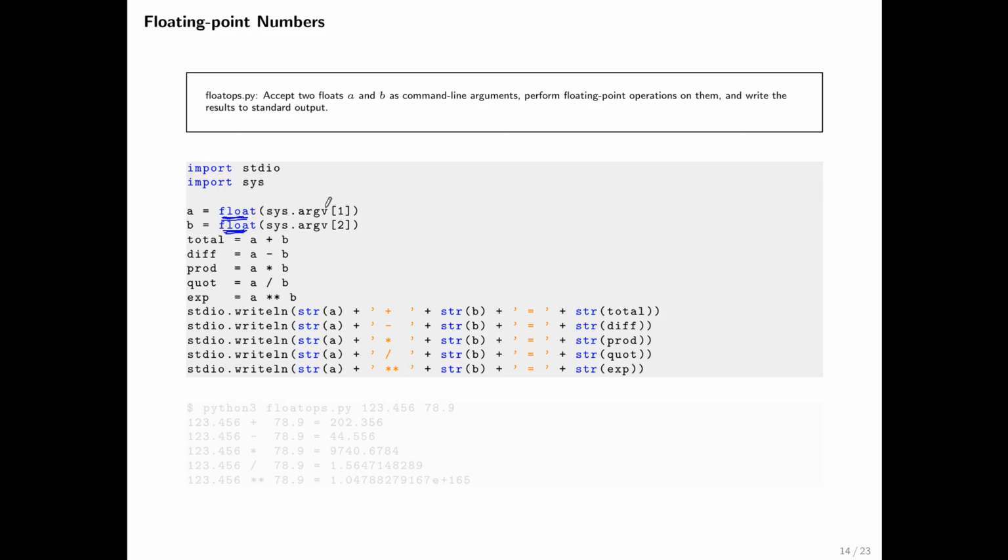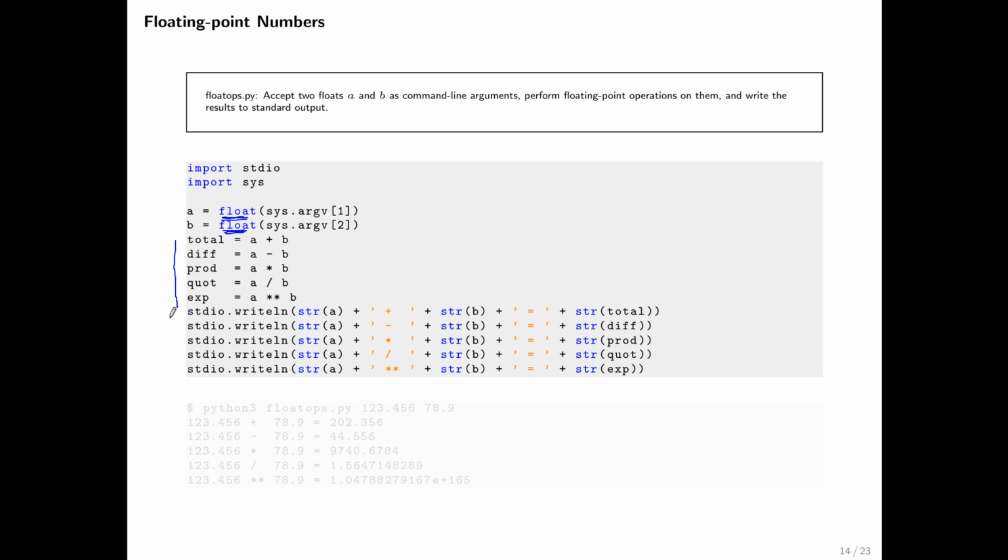Here we use float to turn the command line arguments, which are strings, into floating point numbers. Once we have the two floats a and b, we perform floating point operations on them. So total is the sum of a and b, diff is the difference, prod is the product, quotient is the quotient, and exp is a to the power b.